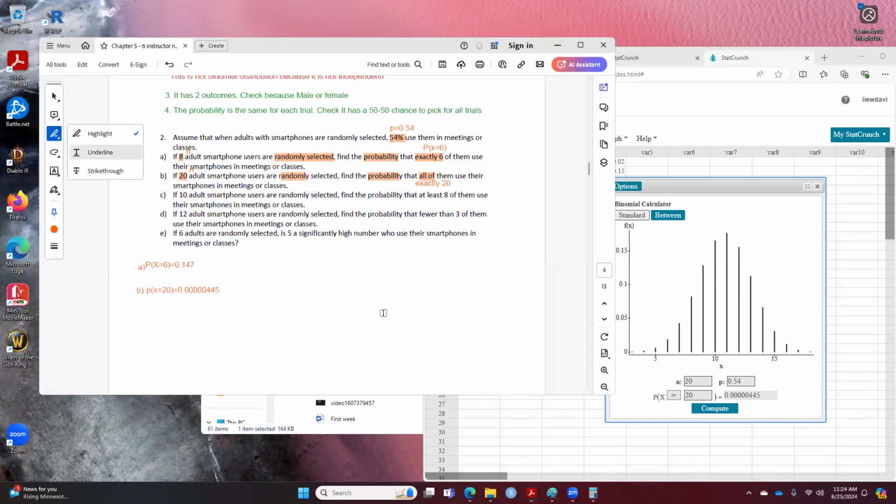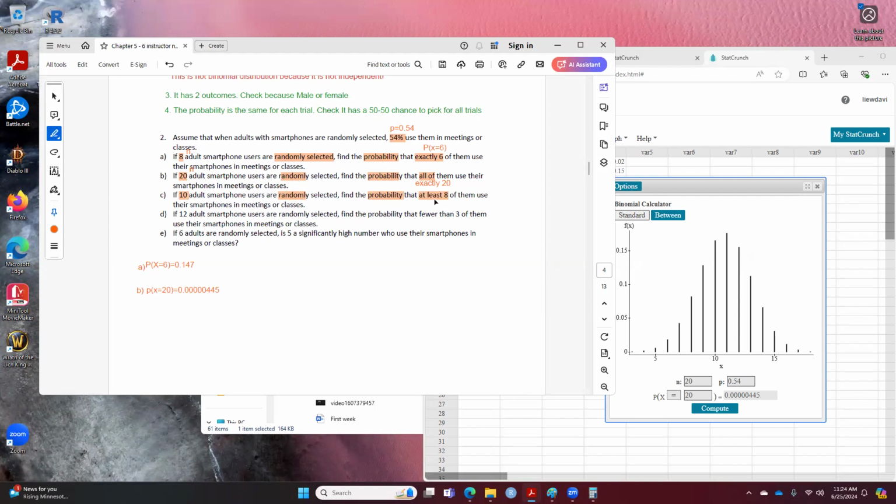Anyone have any questions? Question C. 10 adults are randomly selected. You have to figure out the probability of at least 8 of them. So again, we know the 10 is your n because of the word randomly.